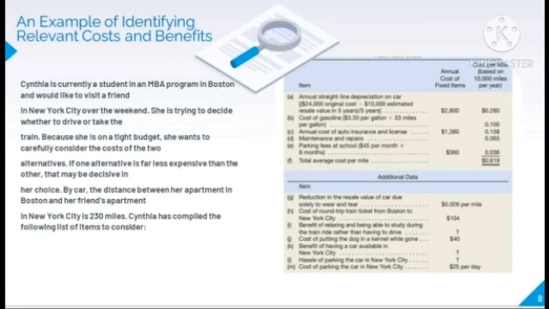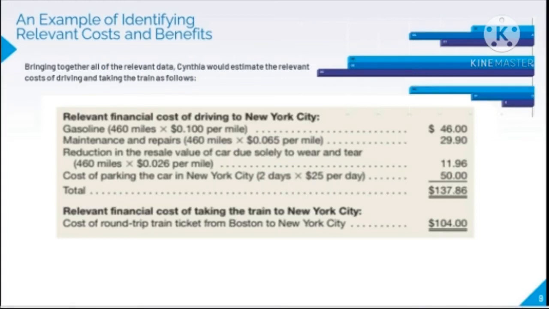Whether she takes the train or drives to New York City, she will still need to put her dog in a kennel. Like item I, items K and L are relevant to the decision, even if it is difficult to measure the dollar impacts. Item M, the cost of parking in New York City, is relevant to the decision making.